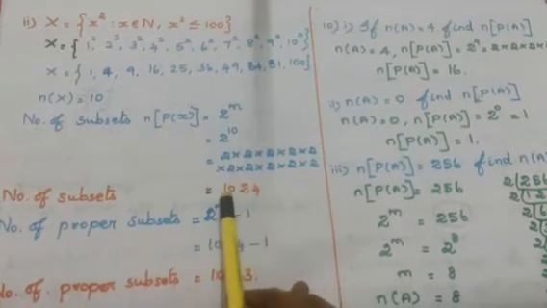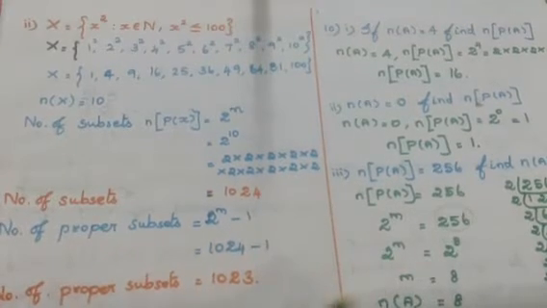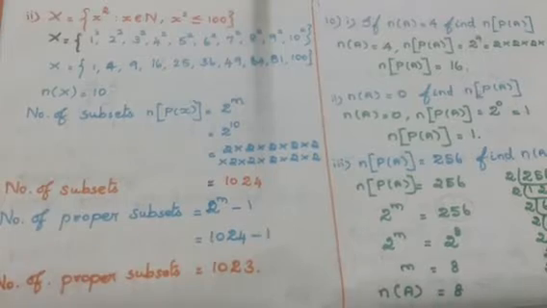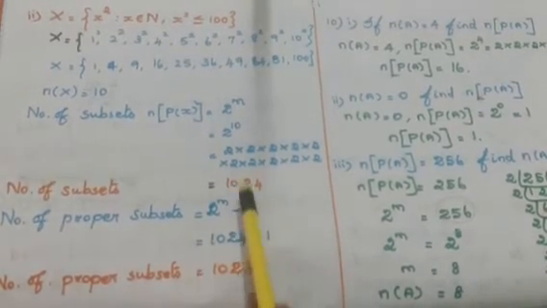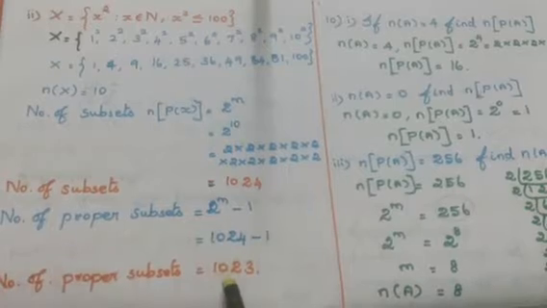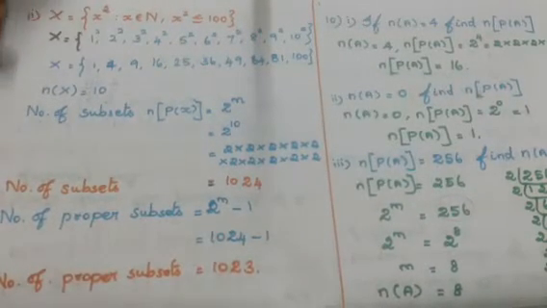We multiply and get 1024. So the number of subsets is 1024. Now the number of proper subsets: only one element is removed from the subsets. So the number of proper subsets is 1024 minus 1, that is 1023. Do you understand? Next sum.